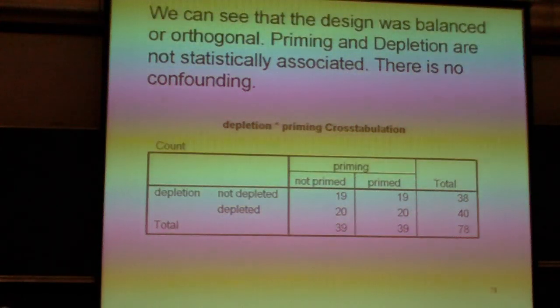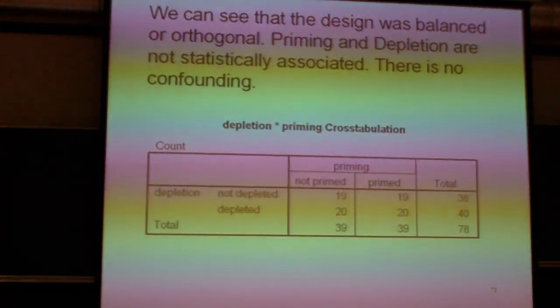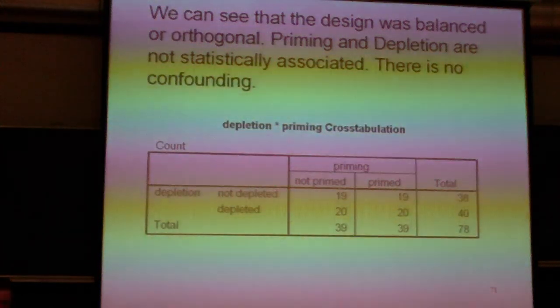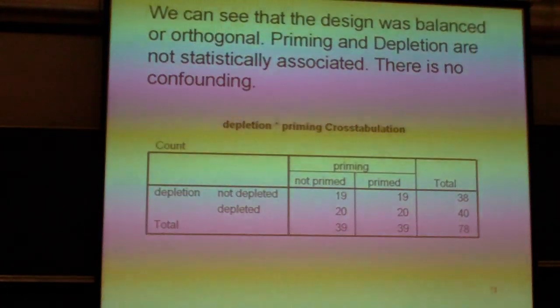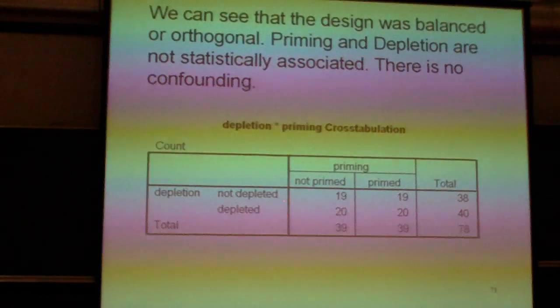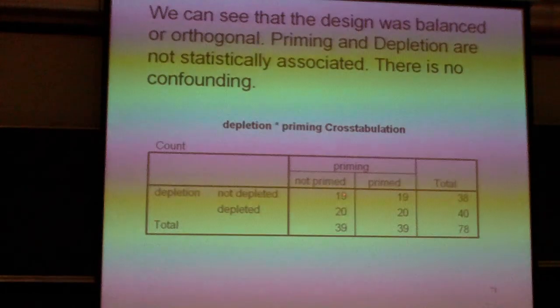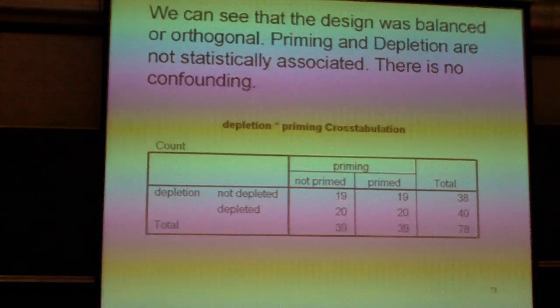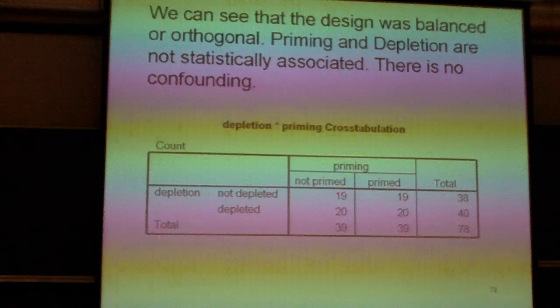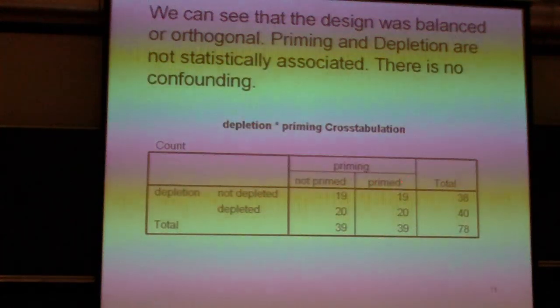Now, we can see that the design was balanced or orthogonal. That's to say that in the experimental design, the independent variables were statistically independent from each other. You can see that the relative distribution of depleted is the same under not primed and under primed conditions.